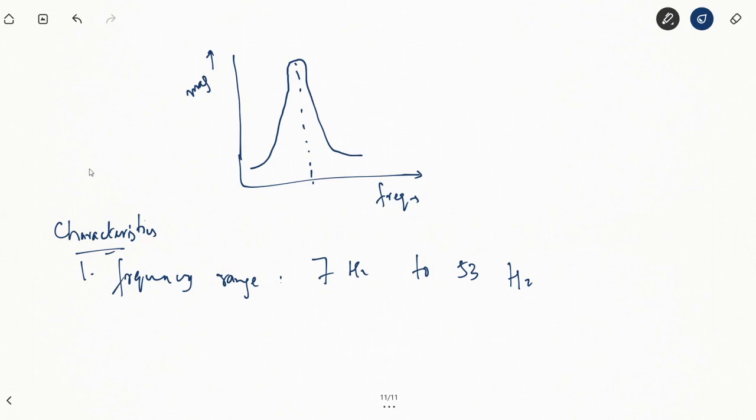So this particular reed will give us an indication about the frequency of the supply voltage. The normal frequency span is somewhere between 7 Hertz to 53 Hertz, and this can be doubled by doubling the number of reeds.